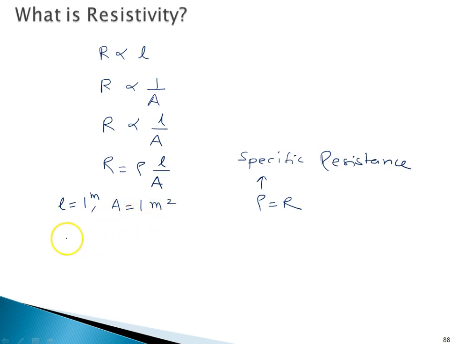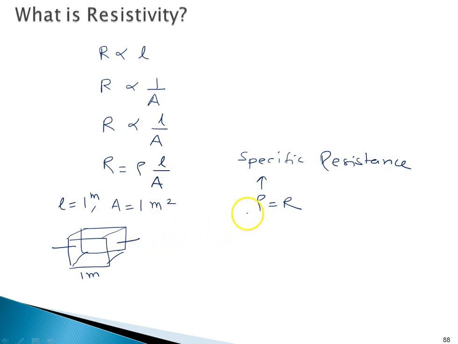Sometimes you can think, if I have a cube of side 1 meter like this, then in this situation the length across any two ends will be 1 meter and area of cross section will be 1 meter squared.